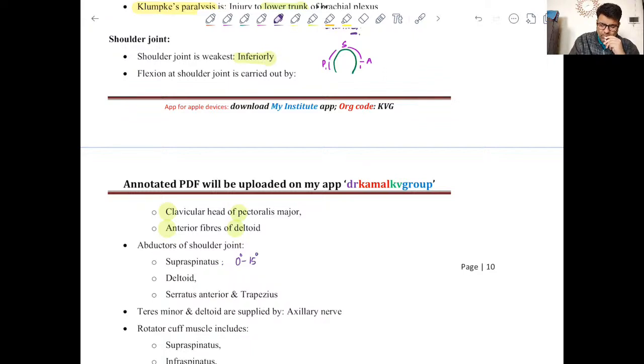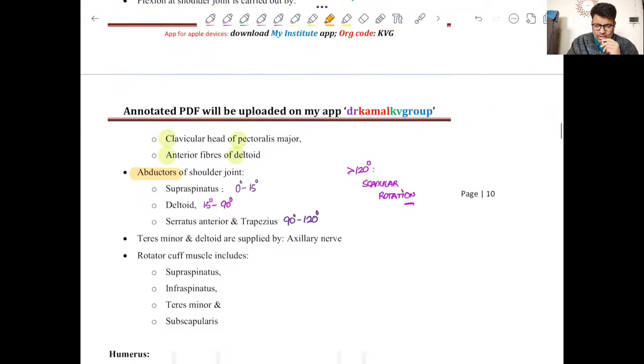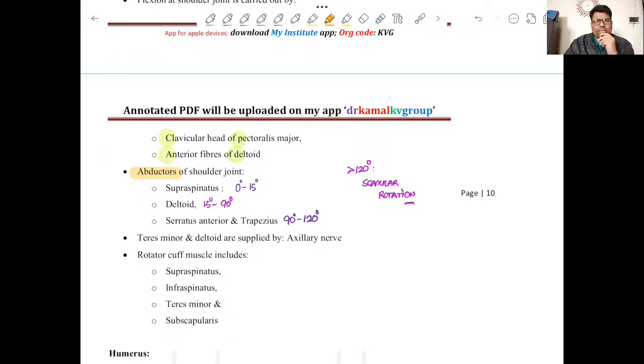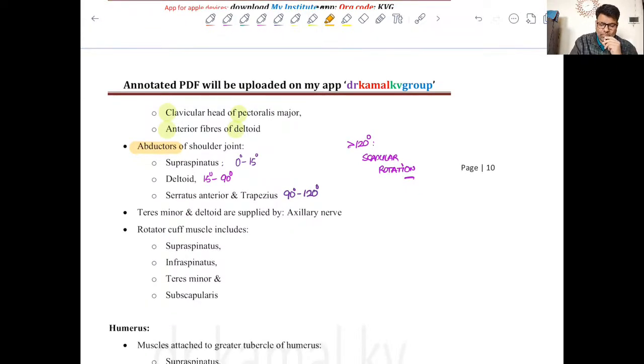Then 15 to 90 degrees is carried out by deltoid, and beyond 90 degrees till 120 degrees, this is carried out by serratus anterior and trapezius. Even beyond 120 degrees abduction is possible, but that is because of scapular rotation. Clear? So one should be very well versed with abduction at the shoulder joint. This is a very unique movement in which different muscles participate in bringing out different ranges of movement.